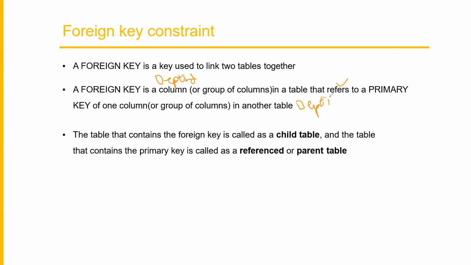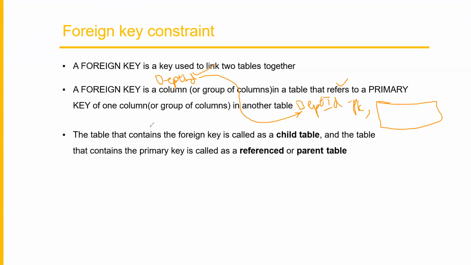The foreign key is defined on the department ID column of the employee table, which refers to the department ID of the department table. So this department ID can only have the values listed in the department table. It can't have any other value which is not present in the department ID of the department table.